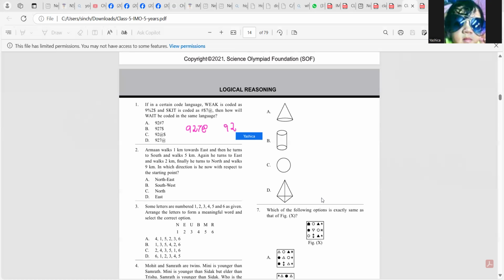I from skit, the third digit, which is 7, and T from skit again, which is the last digit, as @. So the answer is D. Very good. Excellent, Yashika. Now do number 2.